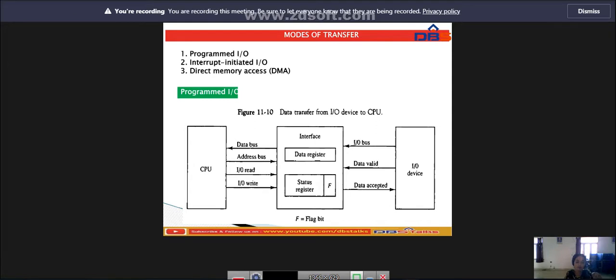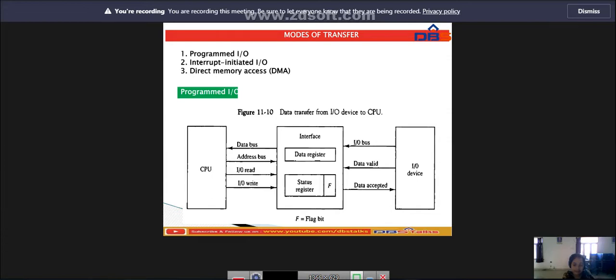When a byte of data is available, the device places it on the input output bus and enables its data valid line. The interface then accepts the byte into the data register.